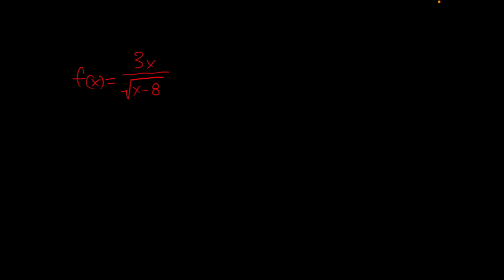Now, what if we have a fraction with the square root as the denominator? Well, we have to set the inside, so x minus 8, greater than 0, because if it is 0, well, the square root of 0 is 0, and we can't have 0 as a denominator. And if it was less than 0, well, we can't take the square root of a negative number, so it has to be greater than 0.